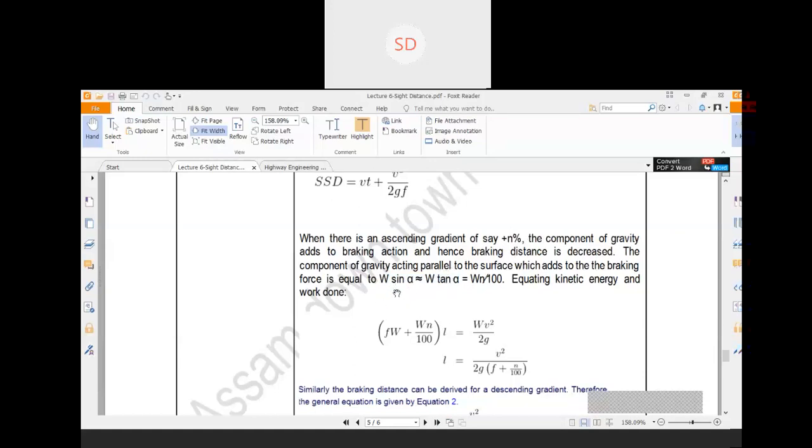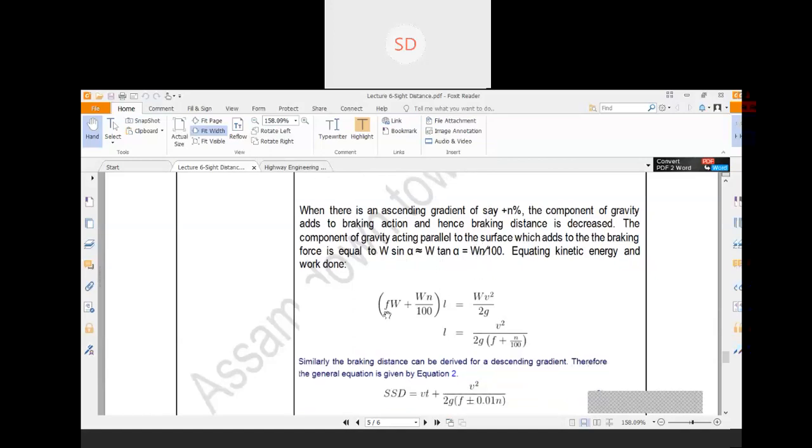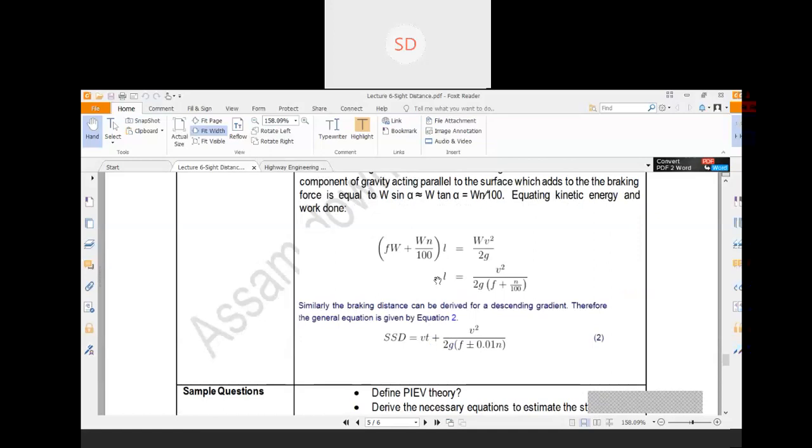So you can write W sine alpha equal to W tan alpha, and tan alpha is nothing but n divided by 100. Basically it is not required, just go for the final equation. Your final equation for the ascending gradient would be L is v square divided by 2g into f plus n percent, or n by 100. So you add up this thing, so ultimately this braking distance would be lesser.